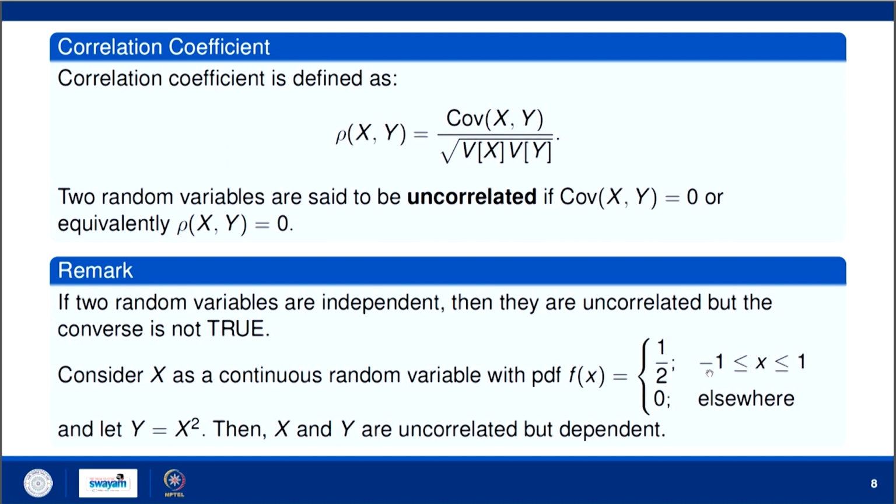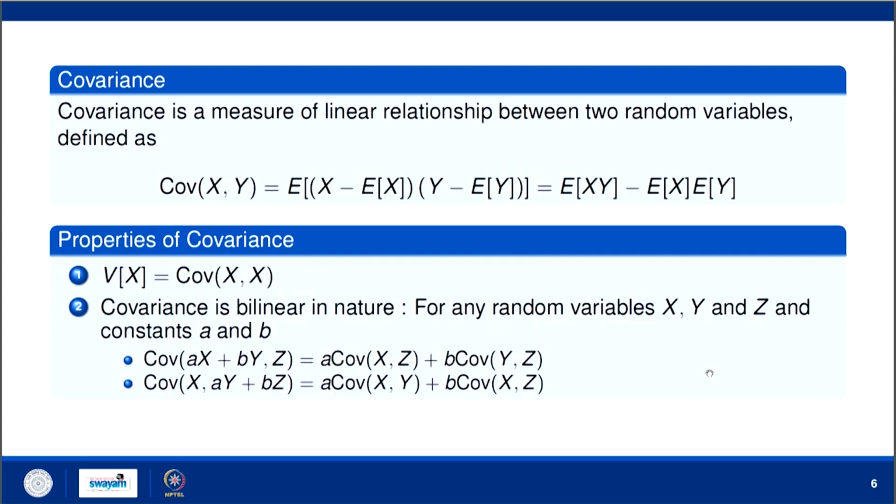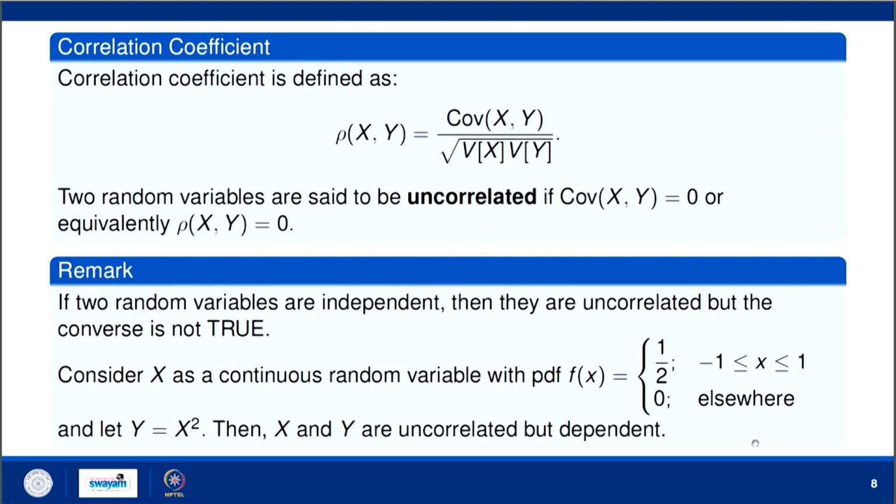So, since both terms of this expression are 0, we can say that covariance of x and y is 0. So, they are uncorrelated, but still they are dependent. So, we can say that if they are independent, then the correlation coefficient is 0, but the converse may not be true.